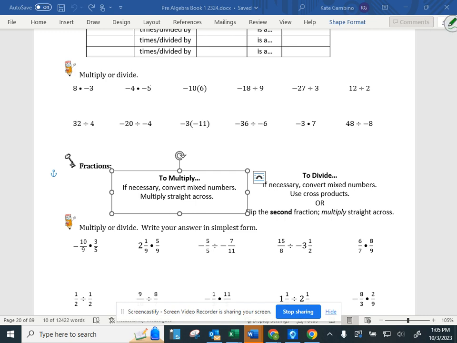Yep. Negative 10x equals 6. So that's getting into variables. So we're not doing variables right now. But you're correct, but we're not doing variables. Okay.